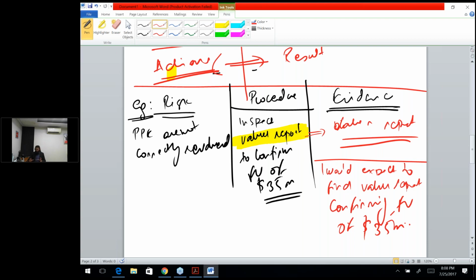So now you understand the difference between procedure and evidence. It's all derived from the risk. Once you know the risk, you can do the procedure, and you can write down the evidence also. But from the exam perspective, all that you have to write is this.